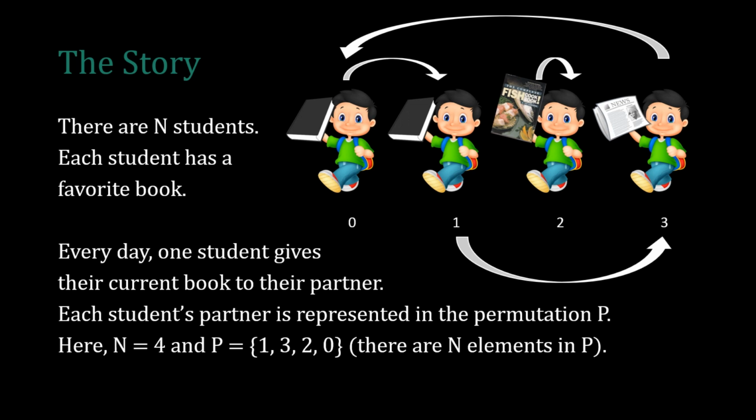So in total, we have 3 days. And for number 2, it's only 1 day, because the next day he gives the book to himself, so he just keeps the book. So there is no problem here.